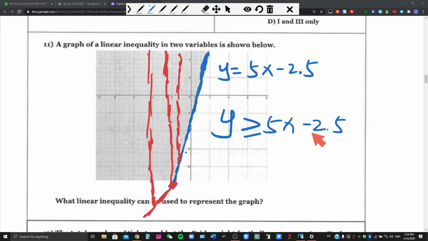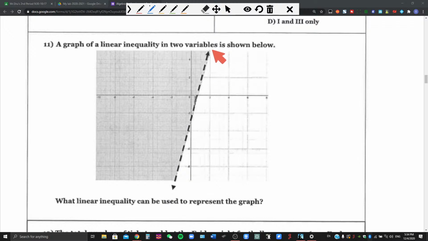But could it be equal to? Well, this is a dotted line. That means y is just above it, but never on the same position as this line. So the inequality will be y is just above and never on the same line. So it cannot be equal to, just above this line.